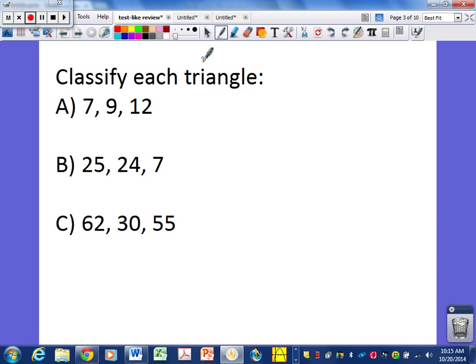Classifying each triangle. We classify them as acute triangles, as right triangles, or as obtuse triangles. We do that by applying the Pythagorean theorem. 7 squared plus 9 squared, how does that compare to 12 squared?